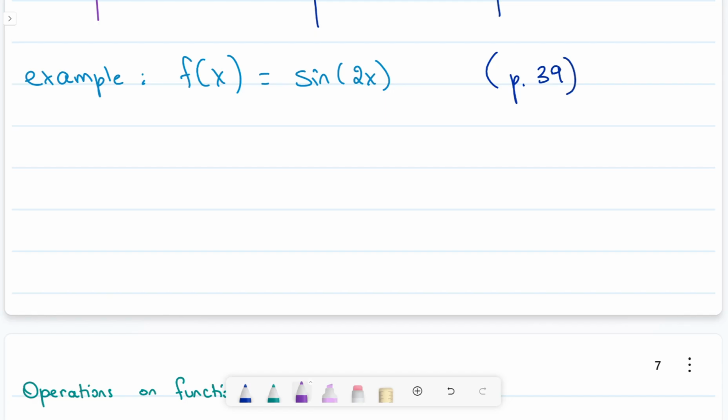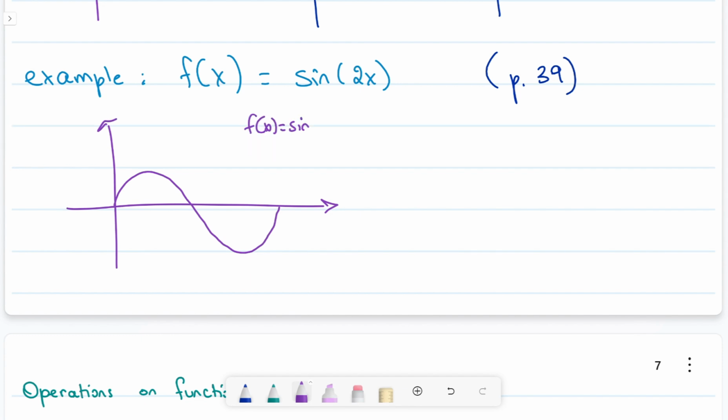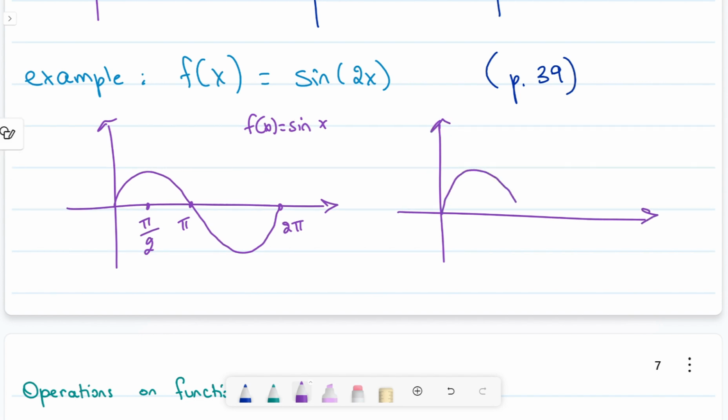Now let's move on to our second example, f of x equals sine of 2x. It's good to start with the graph of sine of x, where this is pi, this is 2 pi, and this point here is pi over 2. Now if we were to graph f of x equals sine of 2x, it will have the same shape with a different period.